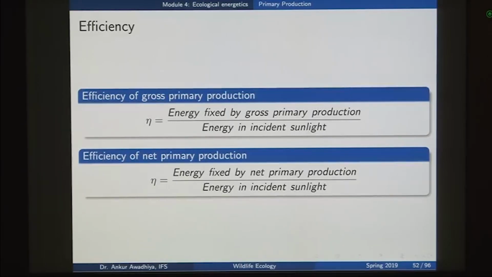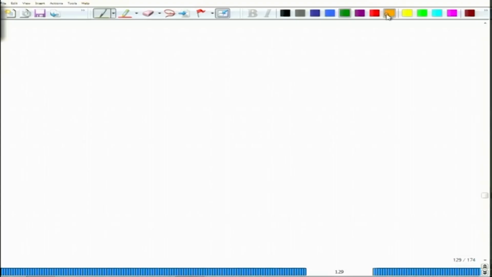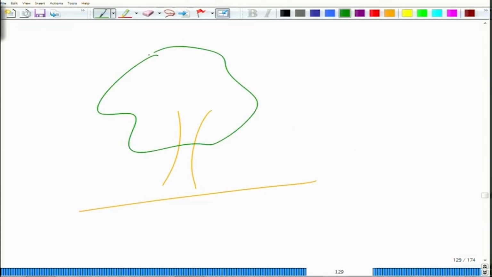Now, we can also define the efficiency of production. So, the efficiency of gross primary production is defined as the energy that is fixed by gross primary production divided by the energy in the incident sunlight. So, what we are asking here is, suppose you have a plant and this plant intercepted say 1000 calories from the sun.